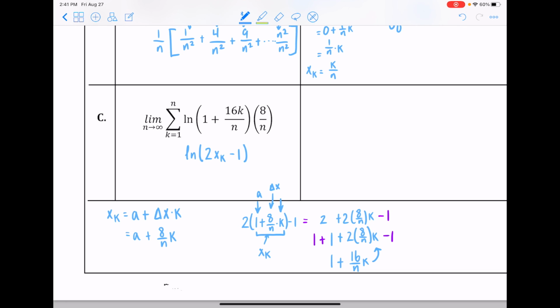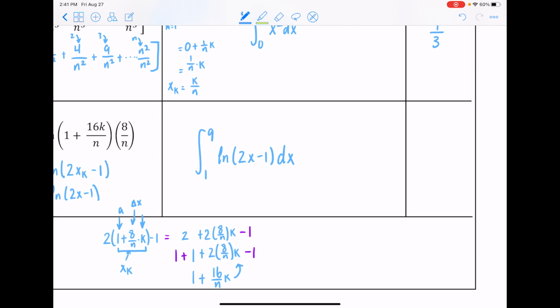It looks like that's what we're actually doing here. Okay, so basically what I'm saying is 2x minus 1 is the function there. And our a value, our starting value is 1. So we're going to integrate from 1 to, the width of our interval was 8. So we're going to go from 1 to 9 of ln of 2x minus 1 dx.